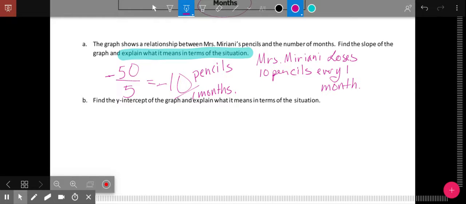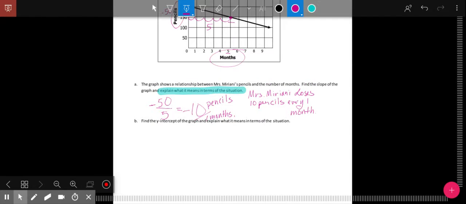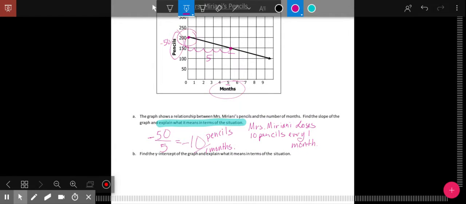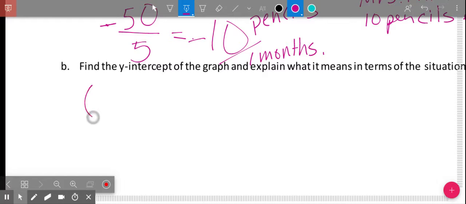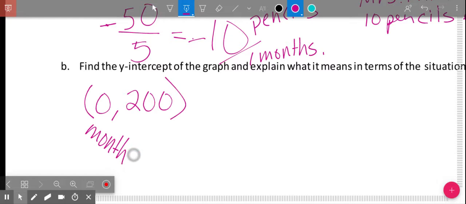All right, and then B says find the y-intercept of the graph and explain what it means in terms of the situation. So if I look at this, the y-intercept was at 200. So the y-intercept is at 0, 200. And now I need to go through and explain that in terms of my situation. So we said X was the months, and the Y was the number of pencils.